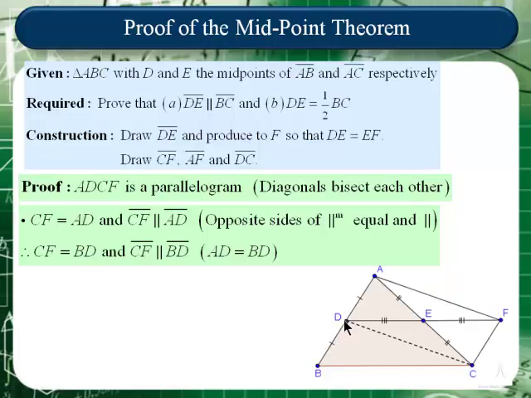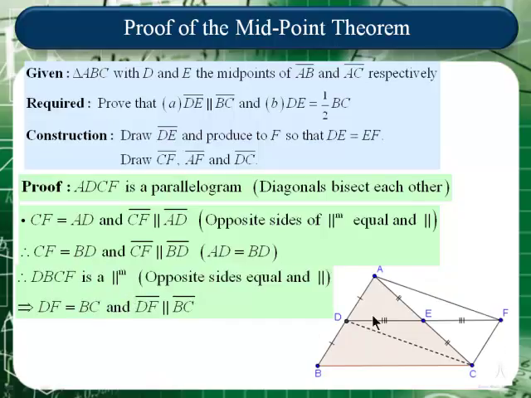So therefore we have in quadrilateral DBCF that CF is equal to BD as well as parallel. Therefore quadrilateral DBCF is a parallelogram because opposite sides are not only equal but also parallel.